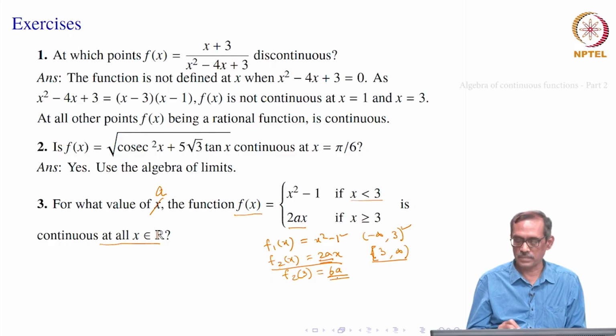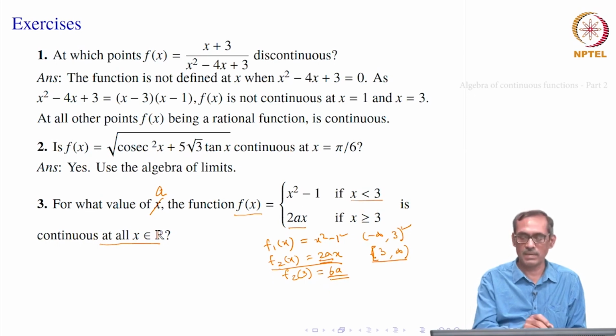So, this 6a is the functional value that should be equal to the limit. Now, the limit is not only from the right side, which already matches for f2, but also from the left side. They should be the same. So, all that we have to see here is that the left side limit at 3 should be equal to the functional value 6a. Once we do that, the function will be continuous at x equal to 3, and at every other point it is already continuous. So, that is exactly what we have to do while we solve this problem.